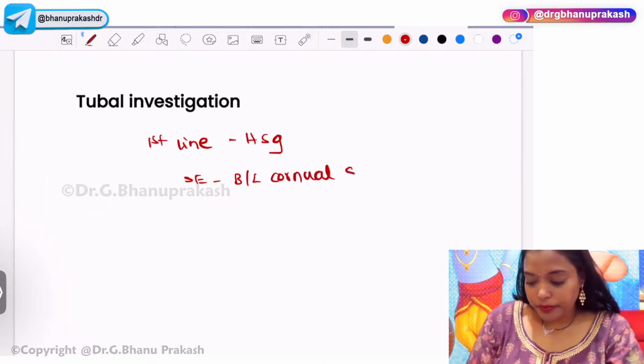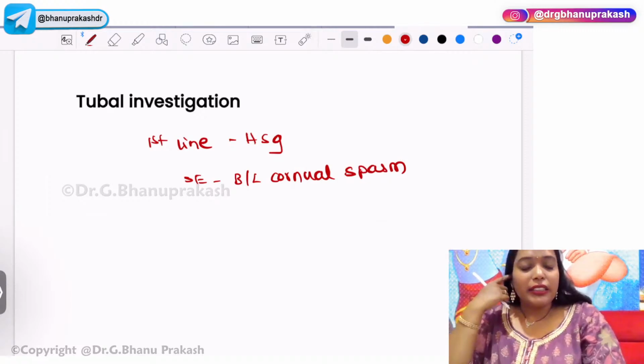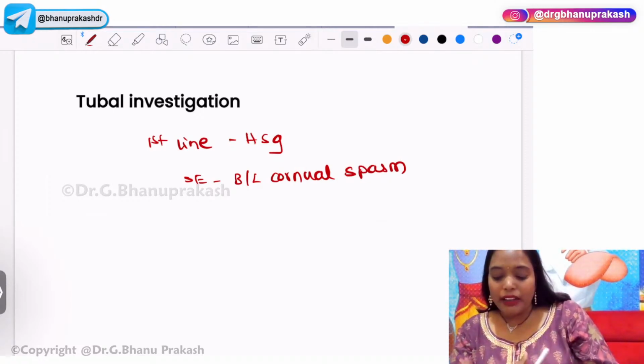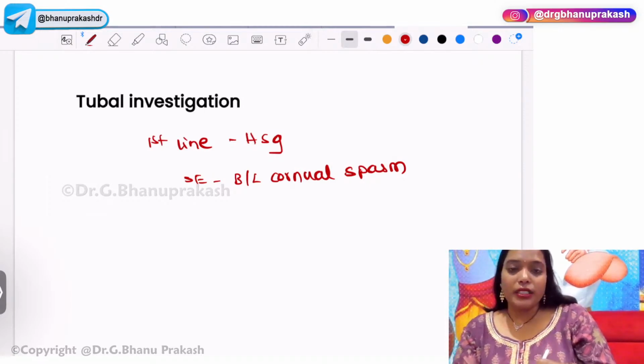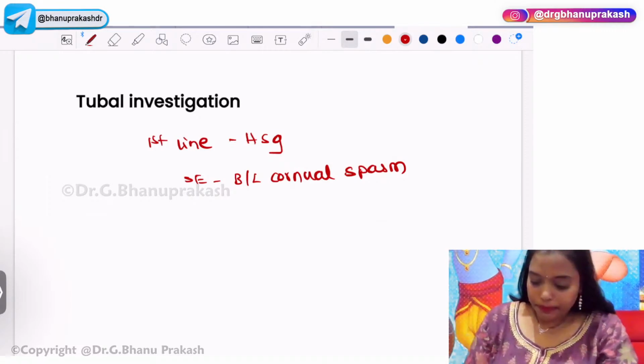As soon as the dye enters, there will be sudden spasm of both the tubes. So the first line is HSG, and the only side effect here is the risk of bilateral cornual spasm.